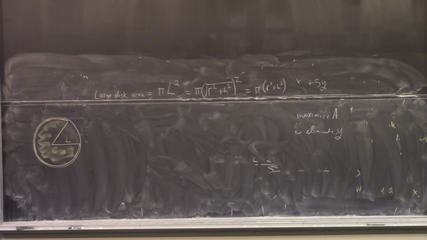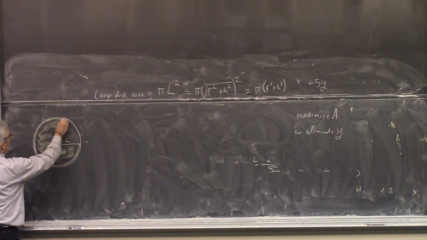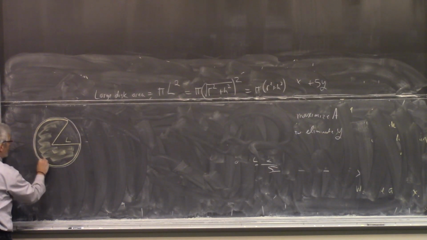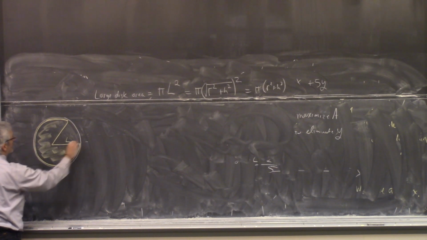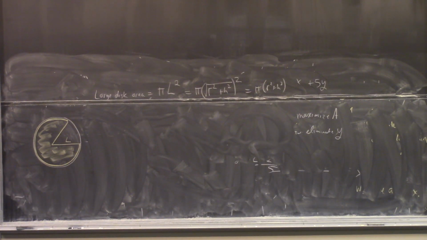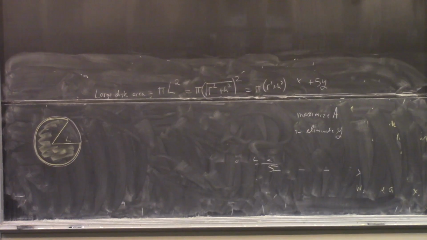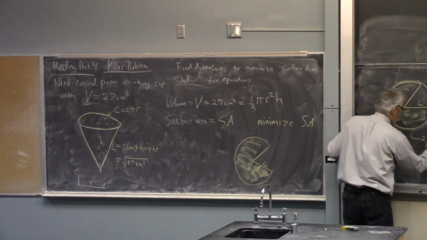So this yellow length here, that's the rim of the drinking cup. This circle minus a little arc has this circumference, and that circumference C is 2 pi r. So this yellow length is 2 pi r.